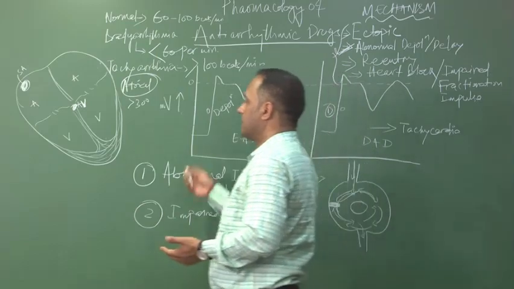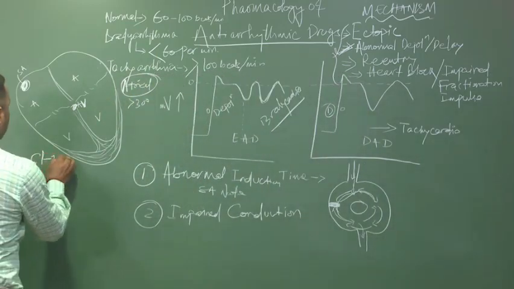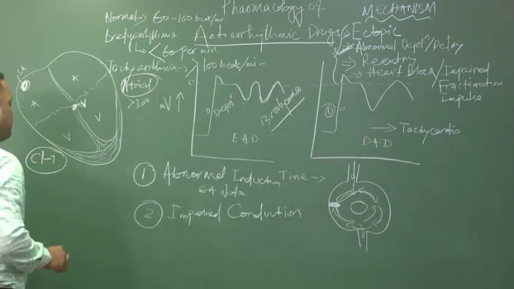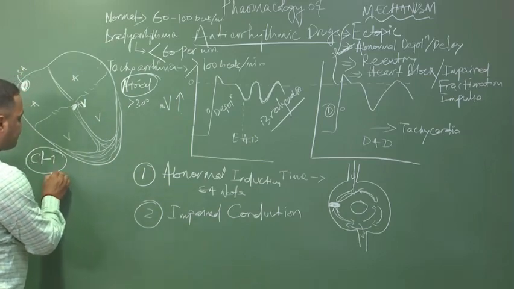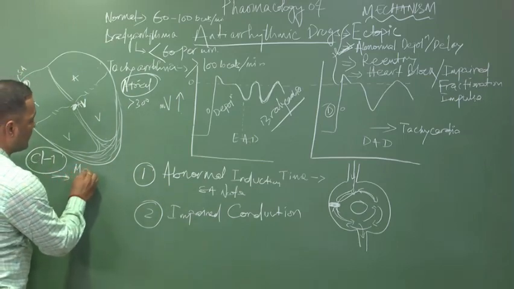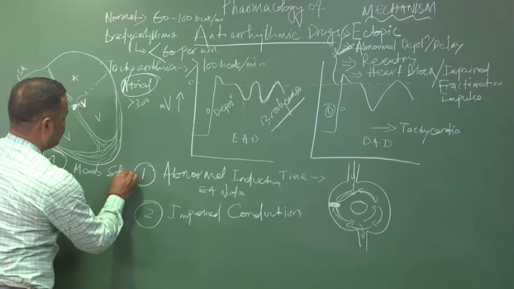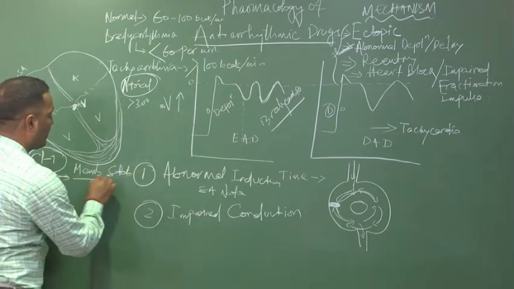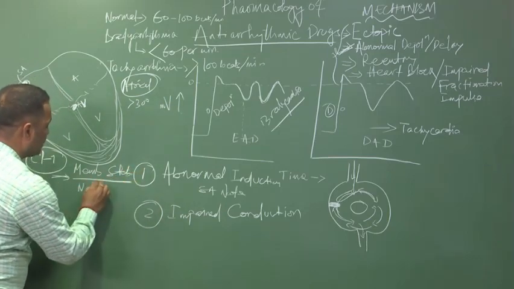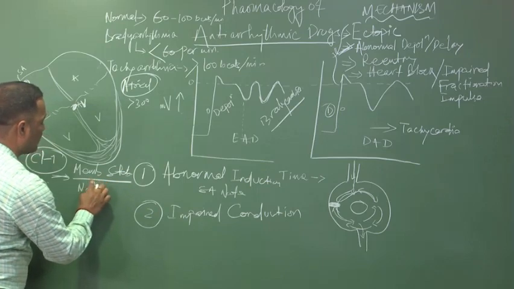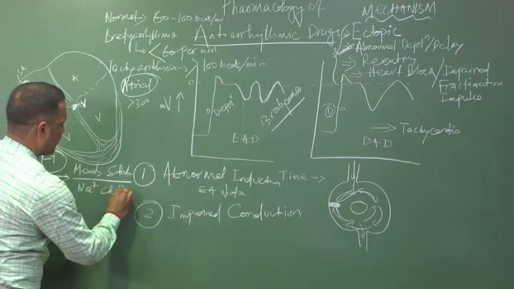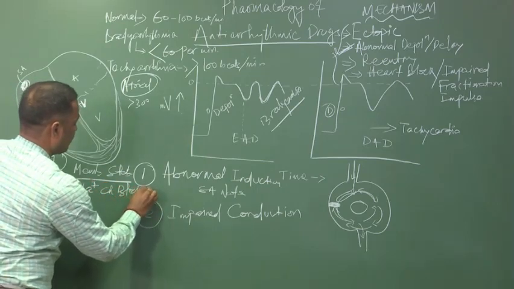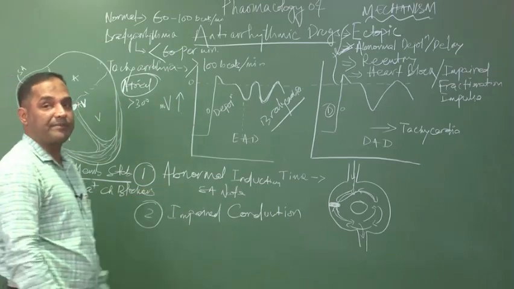So, basically class 1 shows membrane stabilizing agents, where sodium channel blockers can be administered.